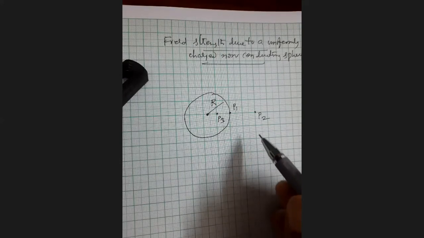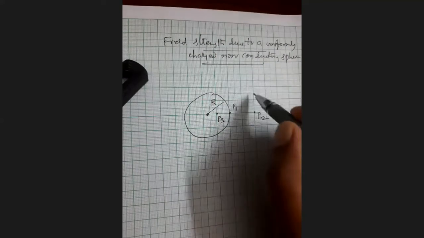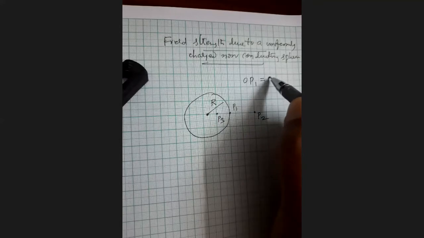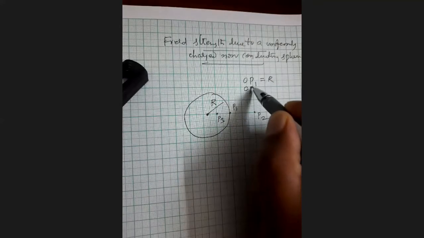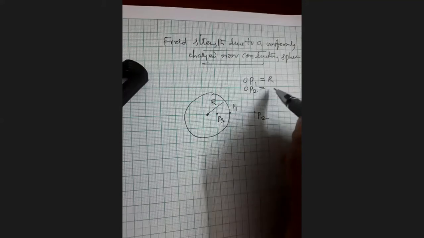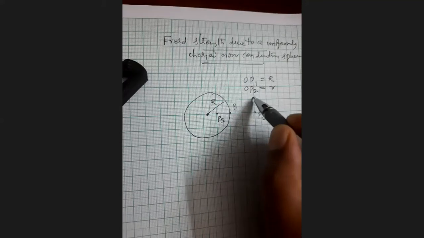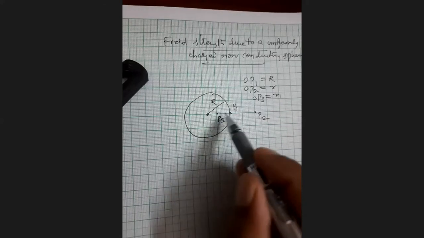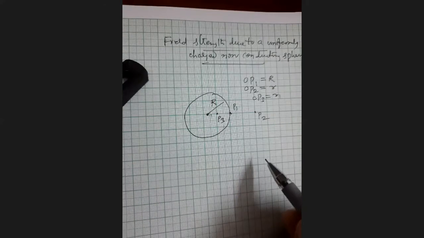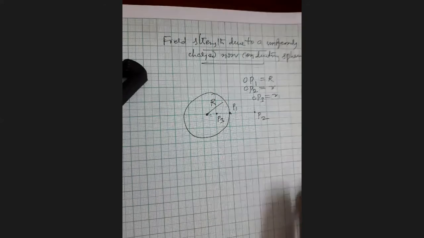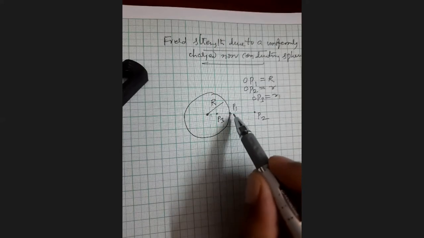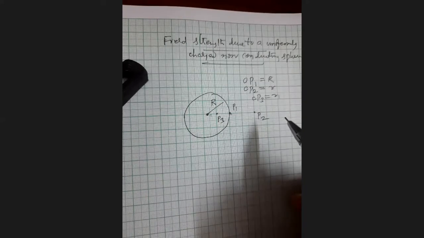Here it is very clear that OP1 is equal to capital R, OP2 is equal to small r, and OP3 is equal to R1, say. Now, let us see how we are applying the Gauss law to find the electric field strength at different points P1, P2, P3.